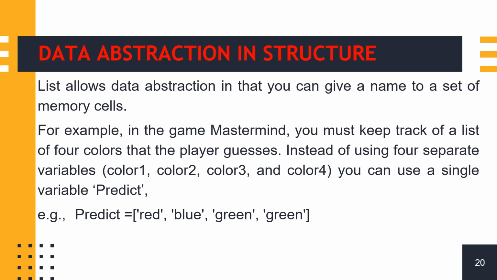For example, in the game Mastermind, you must keep track of a list of 4 colors that the player guesses. Instead of using 4 separate variables, color 1, color 2, color 3, color 4, you can use a single variable predict, right? Example, predict equal to ['red', 'blue', 'green', 'green'].